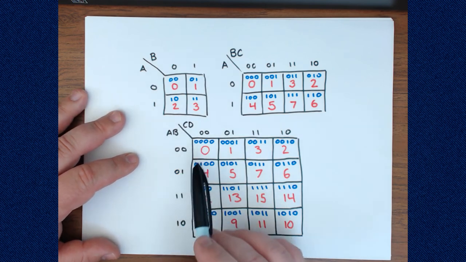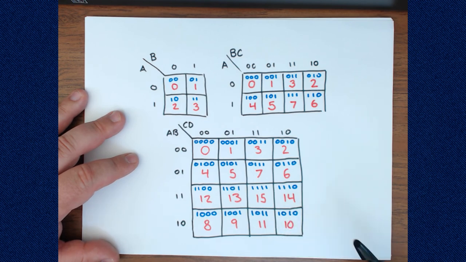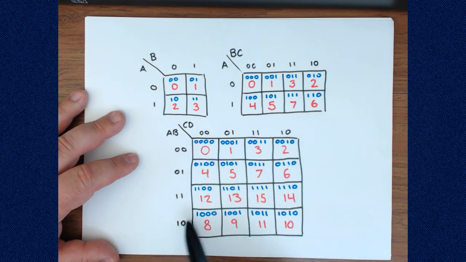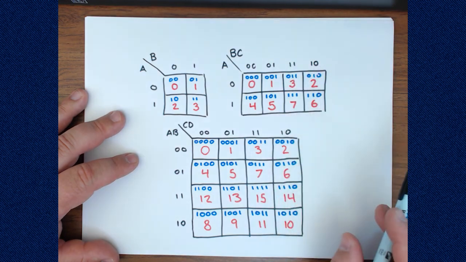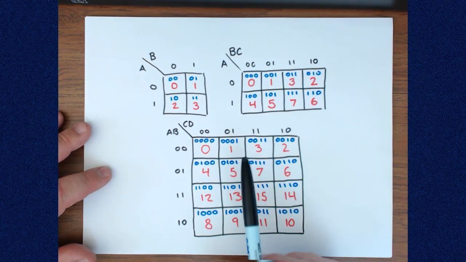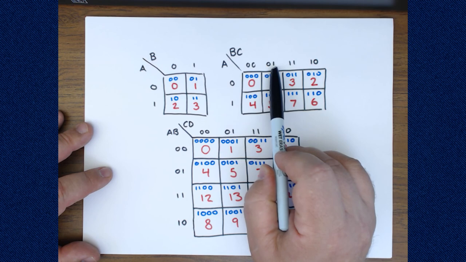For the 4-variable functions, we make a 4 by 4 map. So it's got 16 places for us to have our 16 elements of the truth table. And in each of the 2 dimensions, we number them the same way we did the horizontal dimension up here. But the numbering, if you look carefully here, is a little different. So this is the 2-bit pattern for 0. This is the 2-bit pattern for 1.